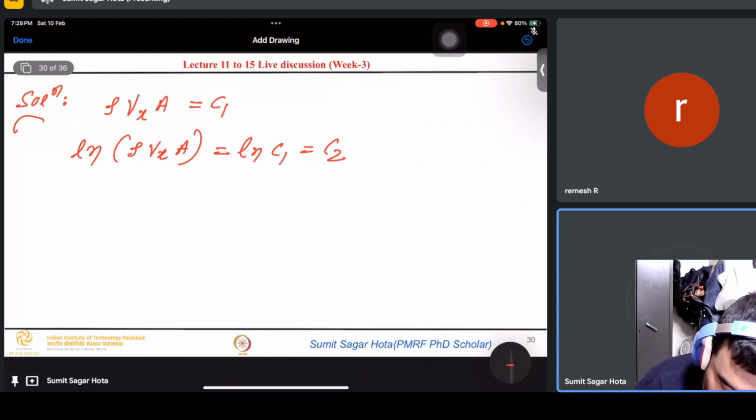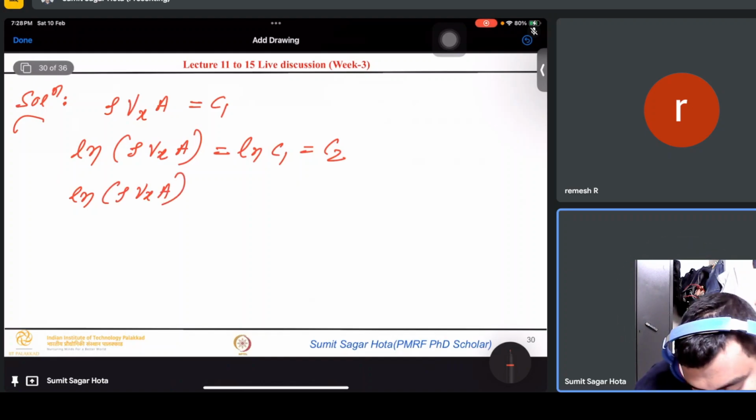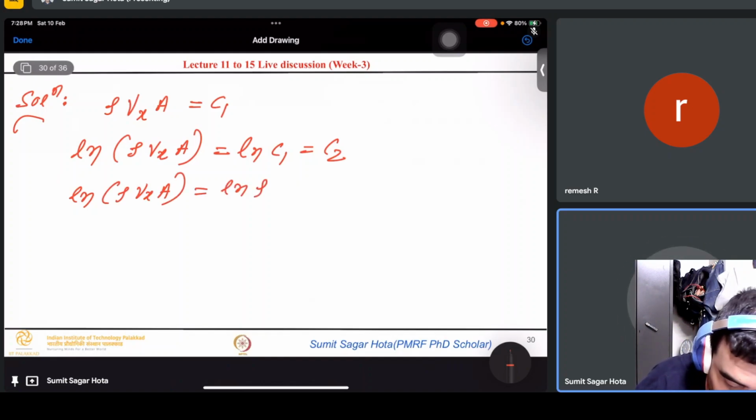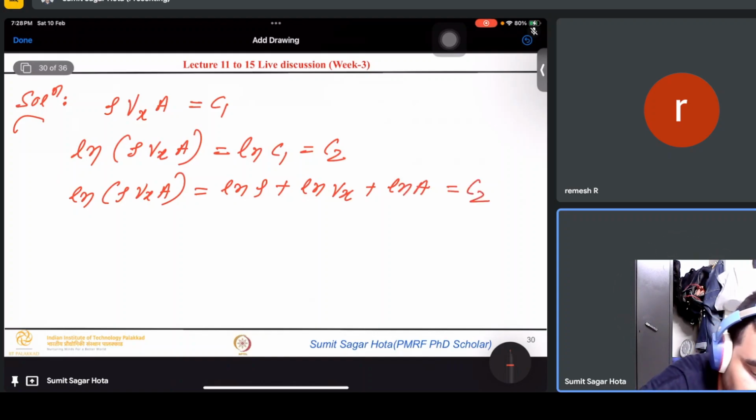So ln of rho plus ln of vx plus ln of A is equal to c2. Now what we do, we just take the derivative on both left and right side.